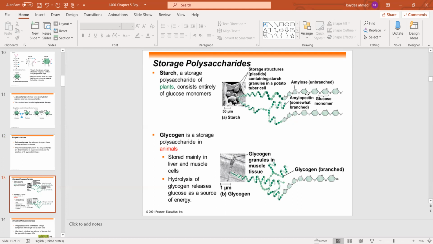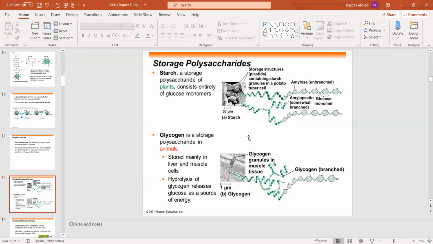Amylose is unbranched, and the more complicated starch is amylopectin. Amylopectin is branched. You see the amylopectin here is branched. Both of them are starch, but starch is divided into two types: unbranched amylose, and the branched one, amylopectin.